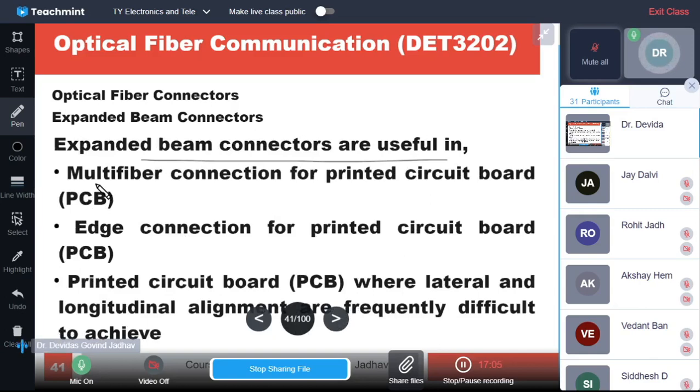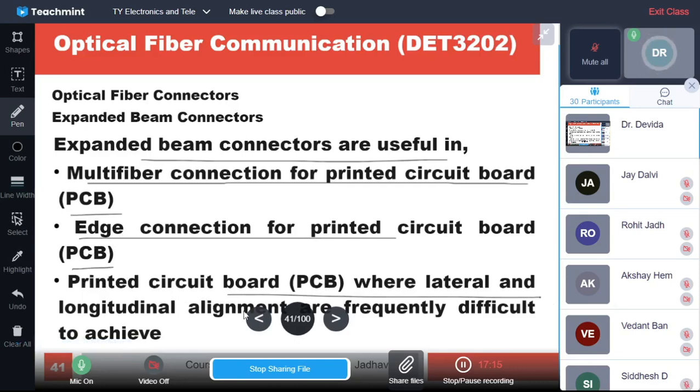Expanded beam connectors are useful in multi-fiber connection for PCB, and edge connection for printed circuit boards, where lateral and longitudinal alignment are frequently difficult to achieve. Okay, in all these situations the expanded beam connectors are used.